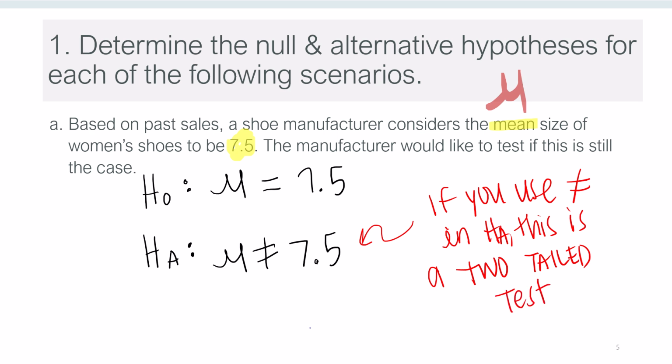That means that if you're looking at your normal distribution, and your mean 7.5 is right there in the middle, they're going to look at both ends of the normal distribution. So we're splitting our alpha level, which is our level of significance, between the two tails.